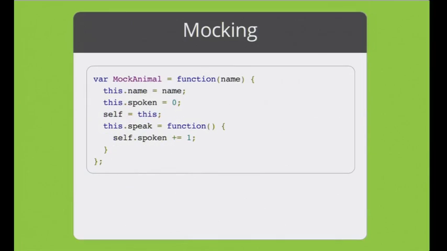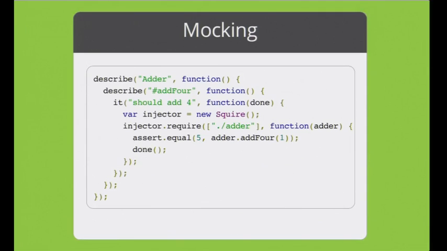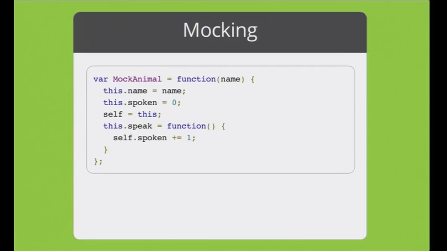Okay, but what about actual mocking? We haven't shown mocking yet. We've shown how we can use our Squire.js framework to load a dependency with Require.js asynchronously. But here I've got a mock animal. You remember before I had an example of a farmyard of animals.